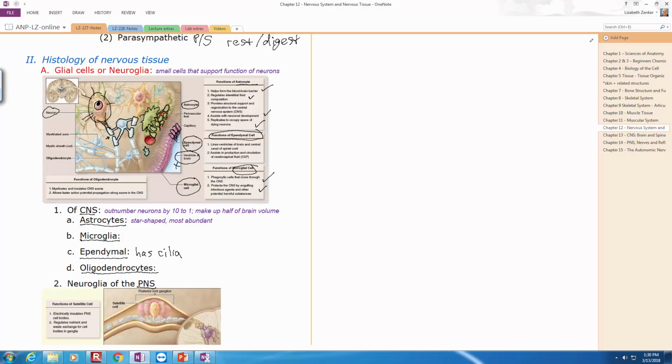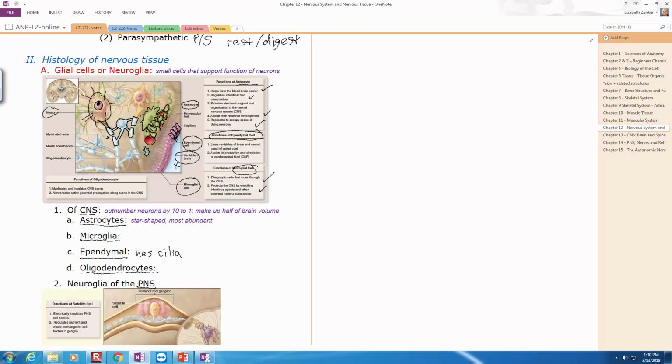So without the myelin, it won't go as fast. And there's a disease process we'll talk about later, multiple sclerosis, where these myelin sheaths get broken down and eaten away. And when you don't have that myelin there, then people have problems with their muscle control because the nerve isn't going to get the proper signal to the muscles on how to work right. Okay, so this myelin sheath is important.